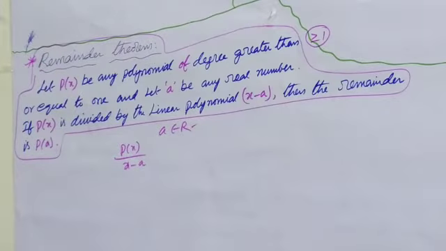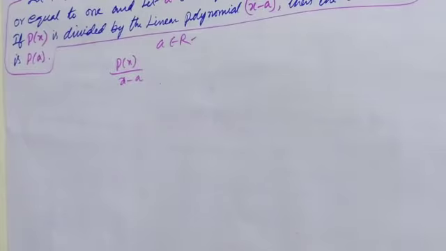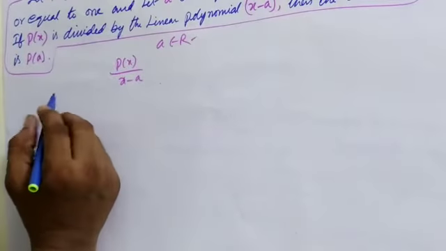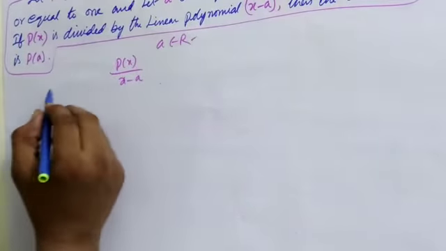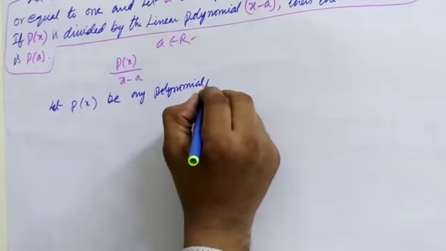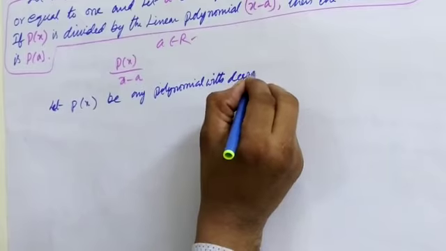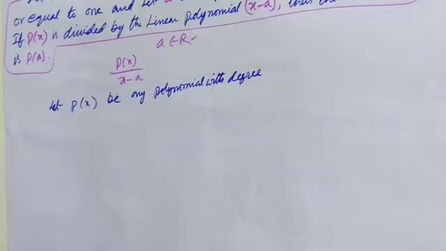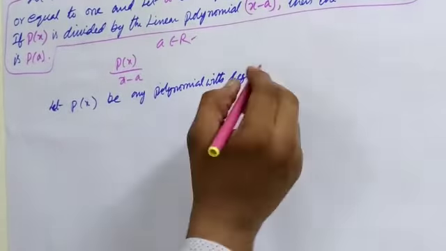Now see, let us take. Let P of x be any polynomial with degree greater than or equal to 1.